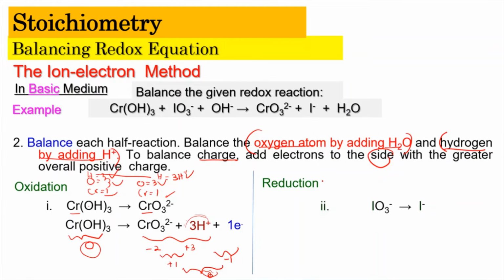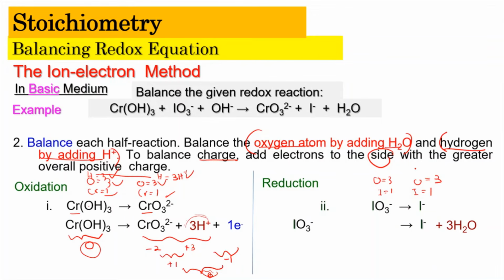Now we're going to do the reduction part. So IO3 minus and I minus. So I is equal to 1. Oxygen, we have 3 oxygen here and we don't have any on the other side, so we need to add. When we are balancing oxygen, we need to add H2O. So we're going to add 3 moles of H2O, so the oxygen here is going to be 3.